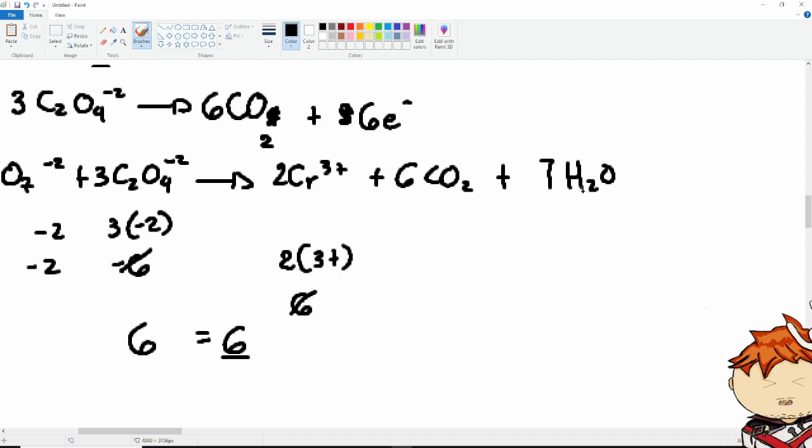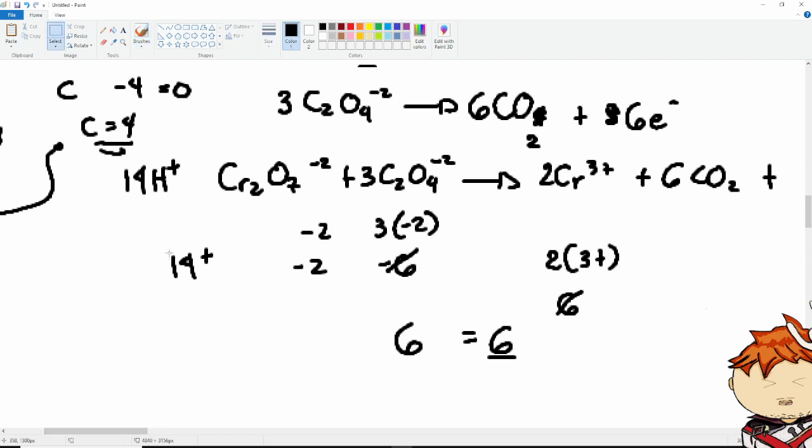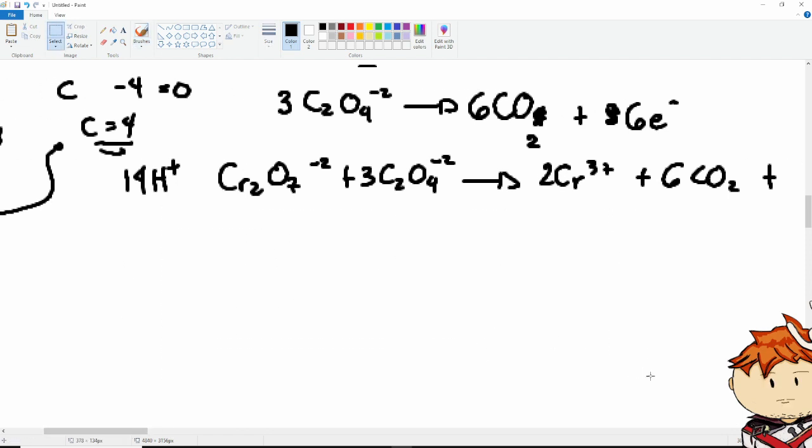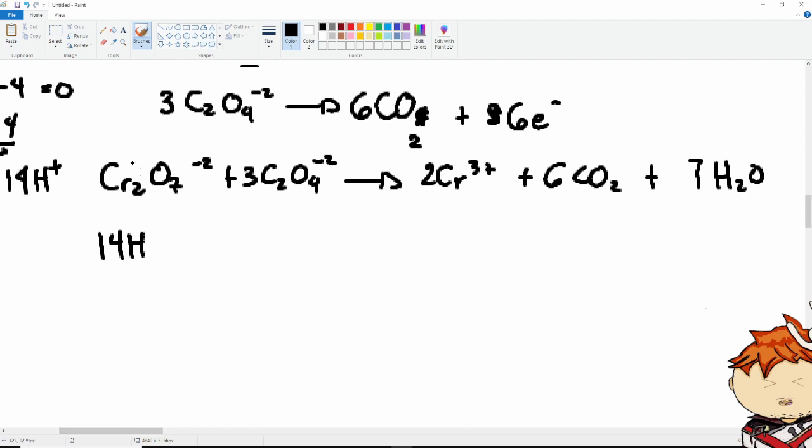So 7 times H2, that's 14. Double check, right? If there's 14 hydrogen here, there should be 14 hydrogen on the opposite side, which is 7 H2, that's 14.